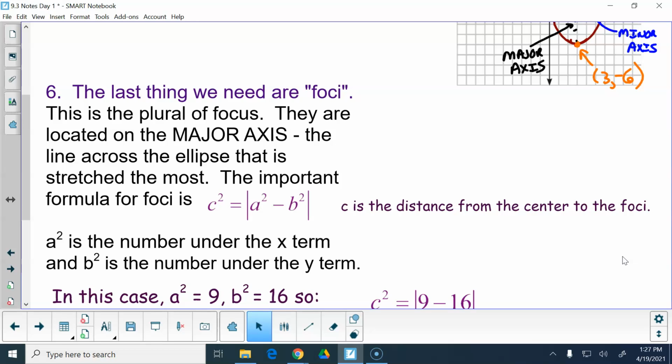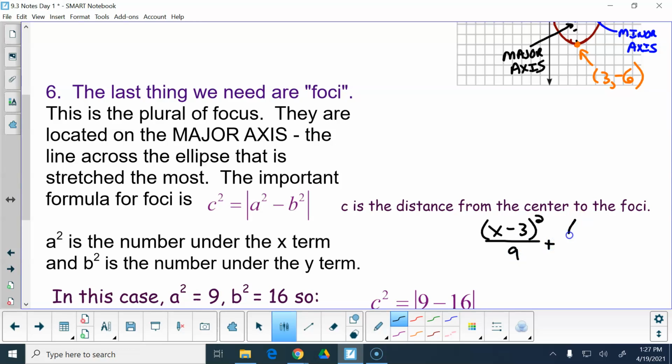Okay. A squared is the number that we have in our original equation underneath the x term. B squared is the number that we have underneath the y term. Okay? So, refreshing our memory, this is x minus 3 quantity squared all over 9 plus y plus 2 quantity squared all over 16 is equal to 1.